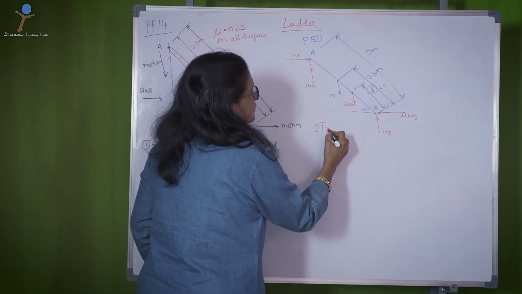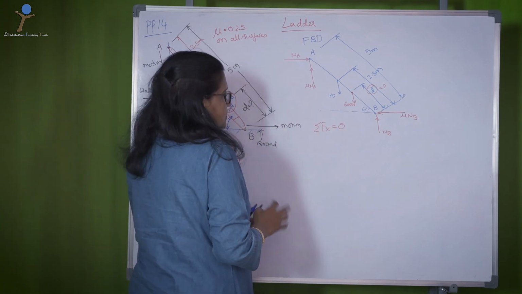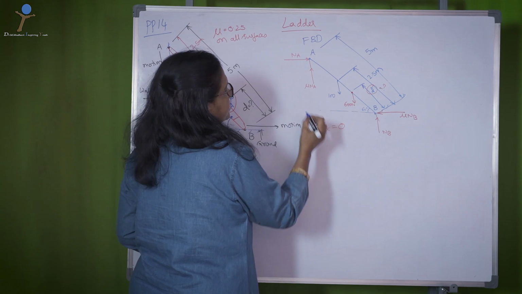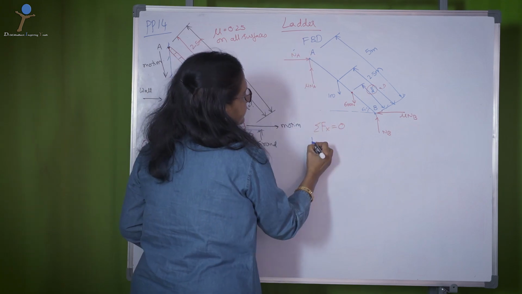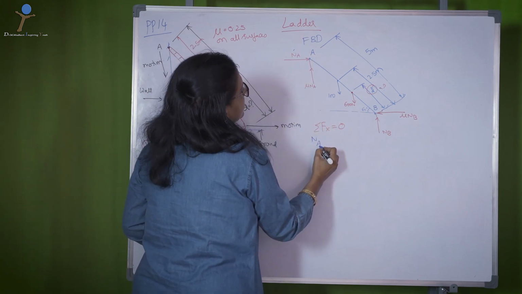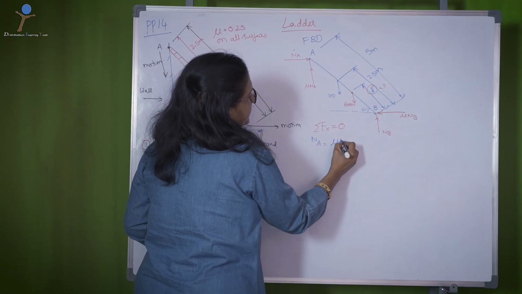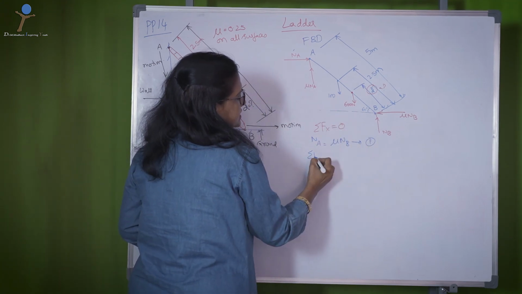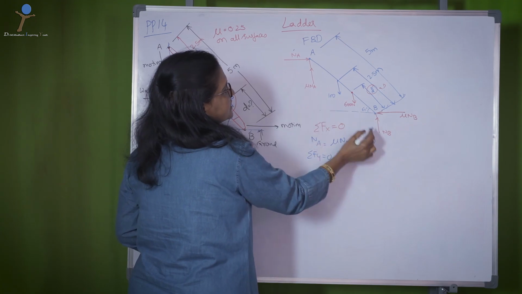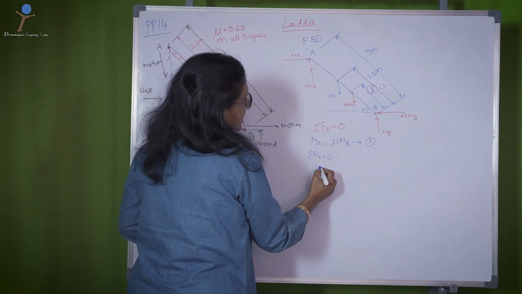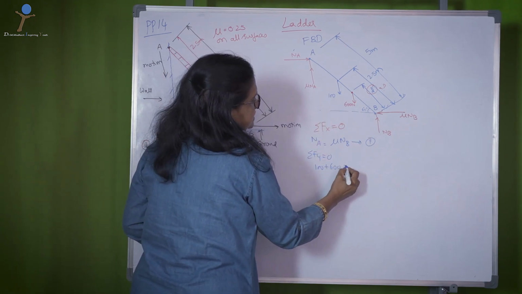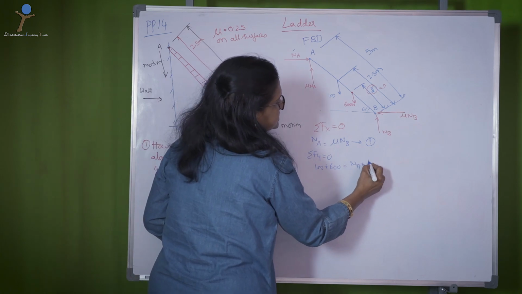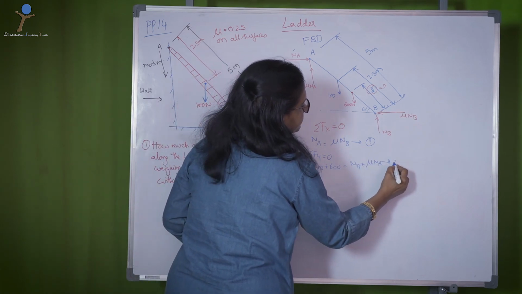Applying the equilibrium conditions, sigma Fx is equal to 0, I have NA equal to mu NB, which is one equation. Sigma Fy equal to 0, the vertical forces: 100 plus 600 is equal to NB plus mu NA.